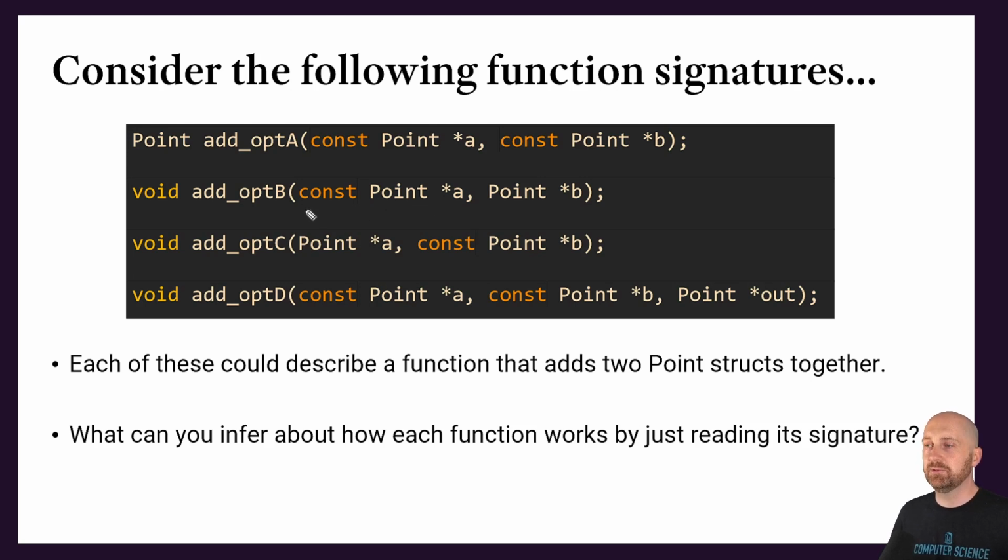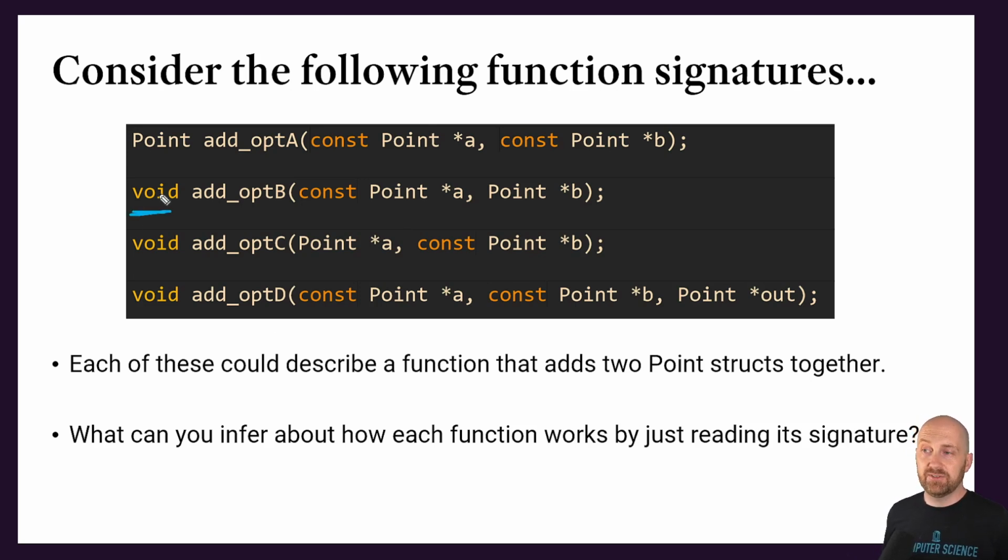So notice the next option, we give it a constant pointer to a point and a non-constant pointer to a point. When you see this distinction, your radar should go up, and you should be very careful, because what this probably means is you can't trust, and in fact, you should probably assume that this B parameter, whatever it points to, that value is going to be mutated in some way by the nature of this function being executed.